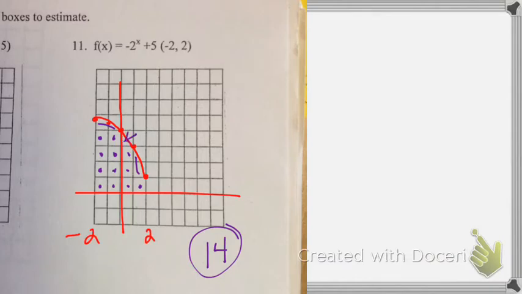I missed this part right here. So I'm going to probably make that 14.5. So just be careful, do the best that you can and count these wonderful boxes. The only time that you're going to estimate the area this way is if they give you a grid and they say estimate the area this way.